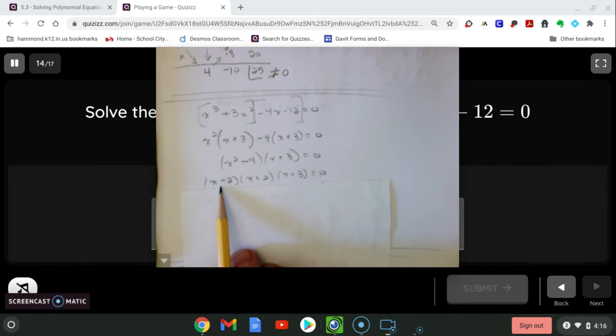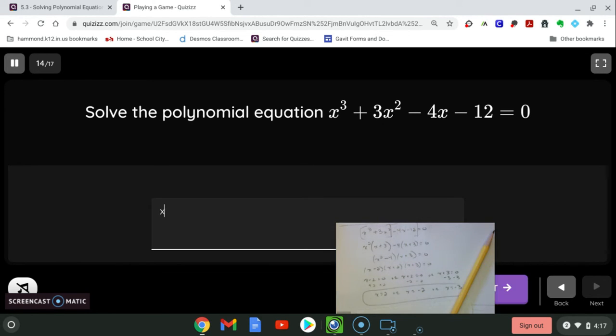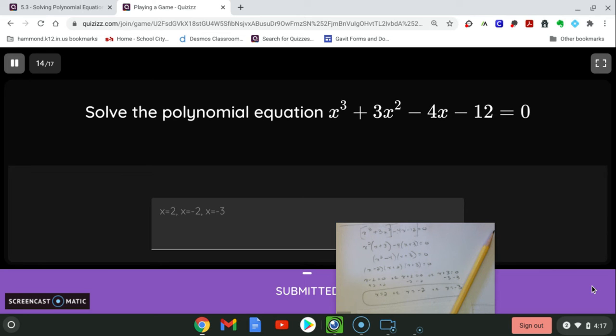So I have these three factors, x minus 2, x plus 2, x plus 3 equals 0. So I solve each one of those individually. And I get x equals 2, x equals negative 2, x equals negative 3 for my solution.